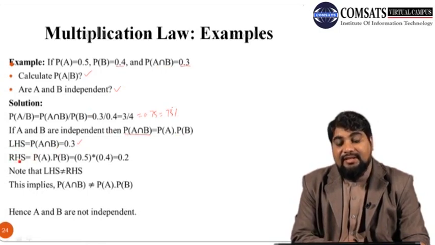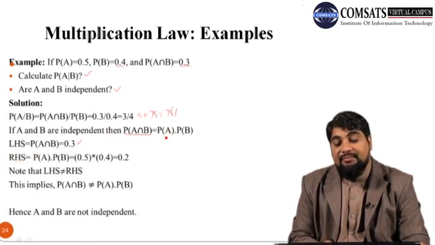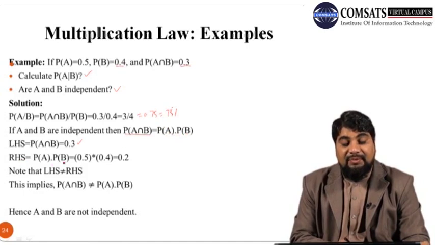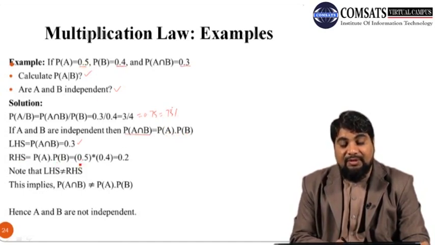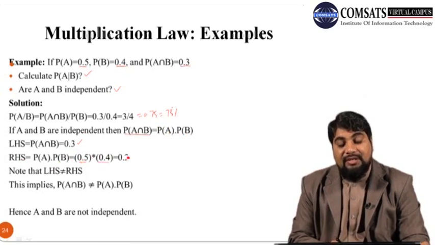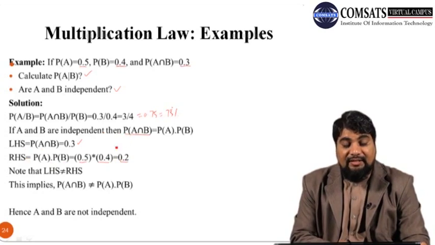Now take the right hand side, the product of P of A and P of B. P of A is 0.5, P of B is 0.4, so 0.5 times 0.4 gives 0.2.